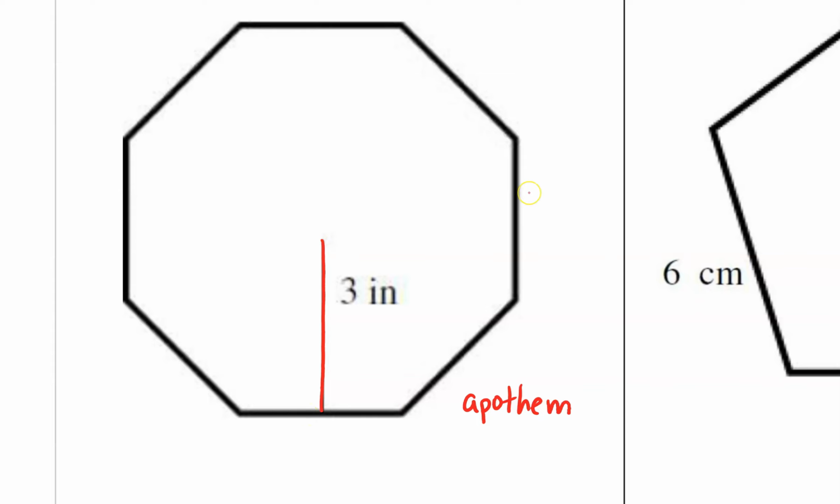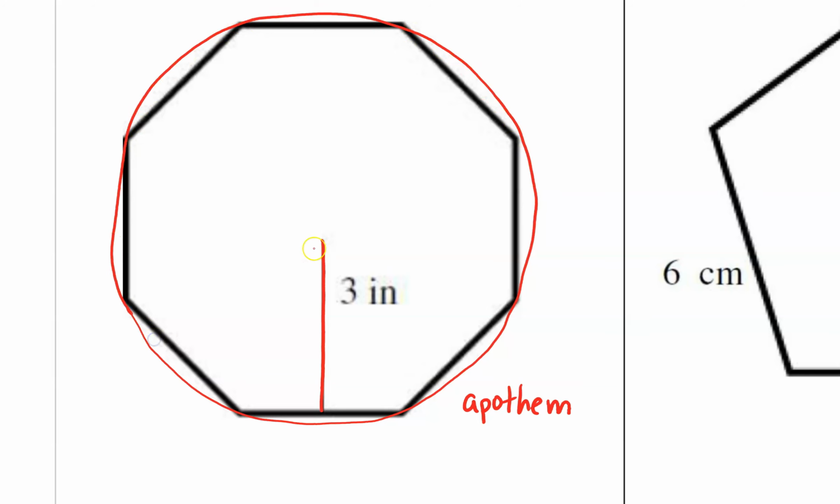If you imagine that this shape is encased in a circle, then it would make sense that this would be like a radius. It would be the same idea as a radius, okay? So we need to be able to find the area of this shape given either the apothem or a side length. So we'll look at both examples real quick.